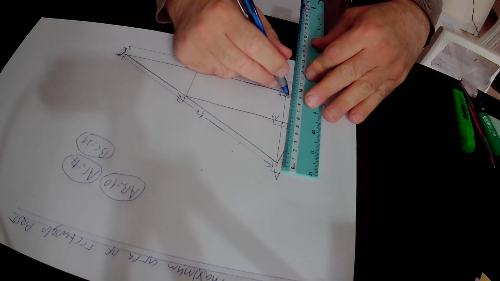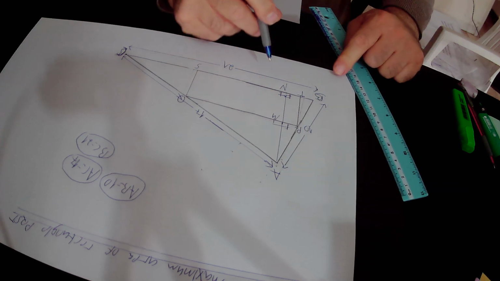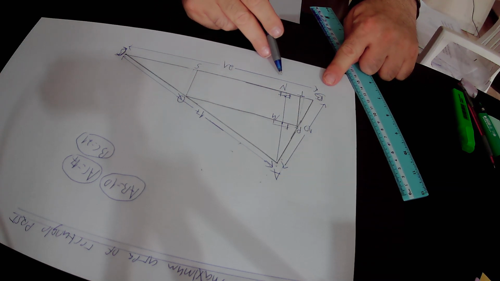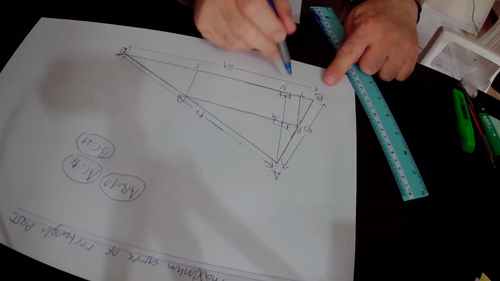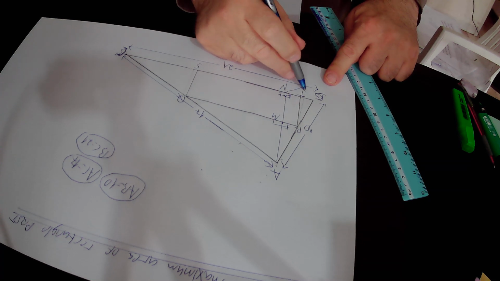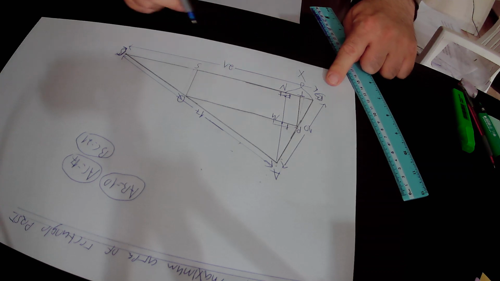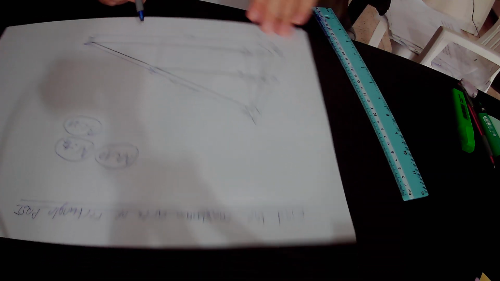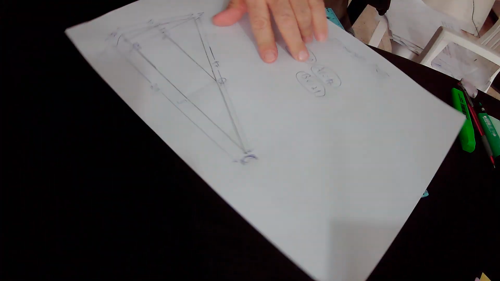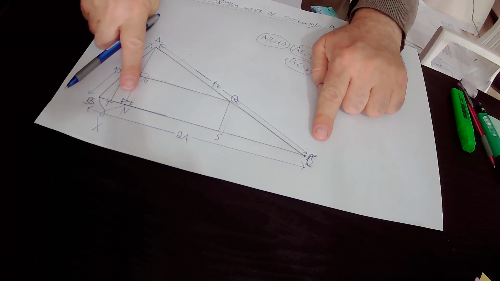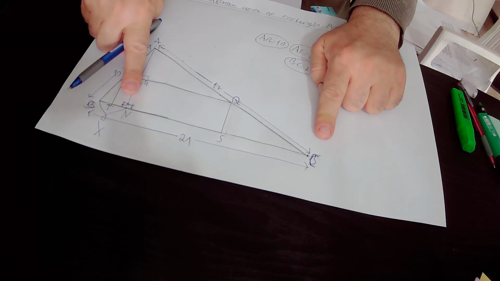So we define the length of side BN as X, and therefore NC equals BC minus BN.